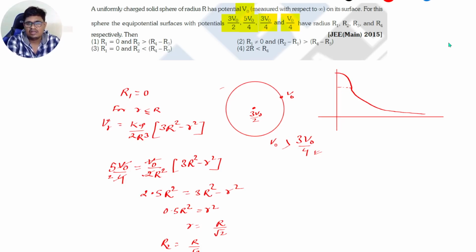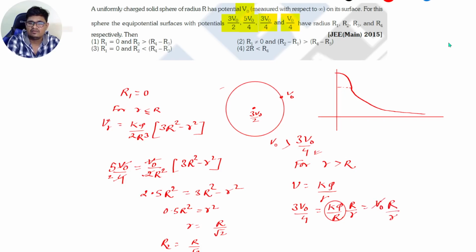Now for an outside point, for r greater than R, V is written as kq by r. V is 3 V naught by 4, and here I will write kq by R times R by r. Now writing this, I will convert this into V naught, so V naught times R by r. You can see V naught and V naught will cancel out and you will get r equals 4R by 3.